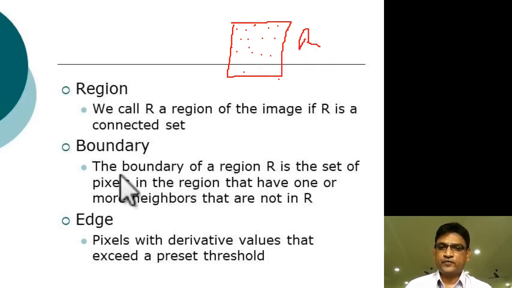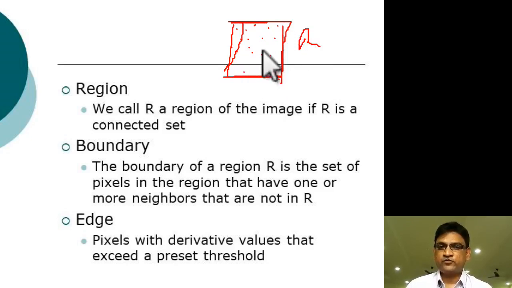Similarly, boundary. For this region, a boundary is the set of pixels which have one or more neighbors that are not in R. So in this case, if the entire image is taken as the region, then the pixels which lie in the first row, last row, first column and last column have partial neighborhood, and those are called the boundary for this image.